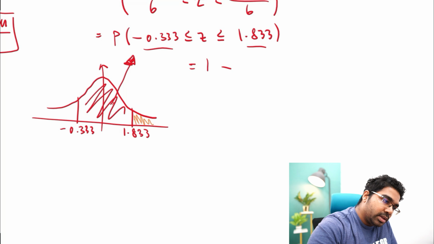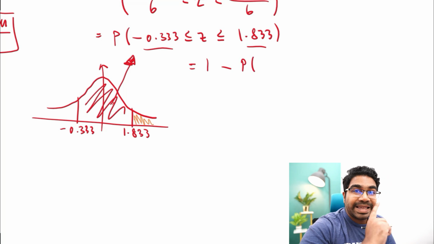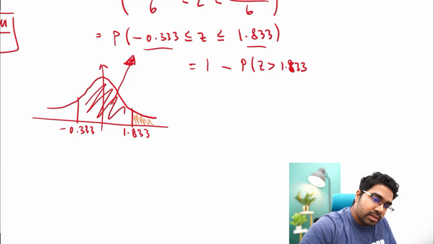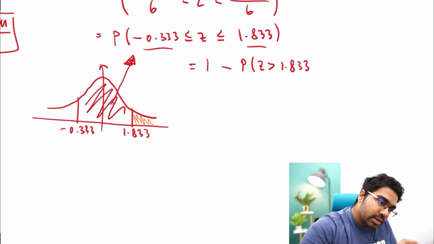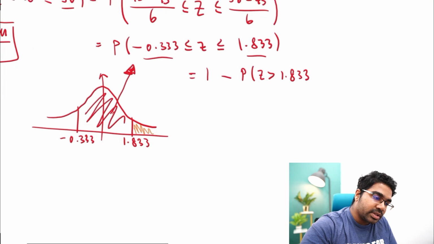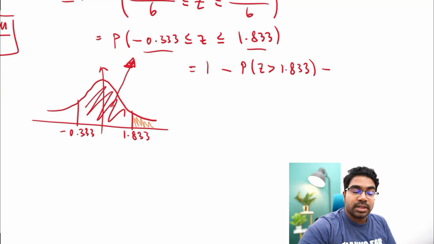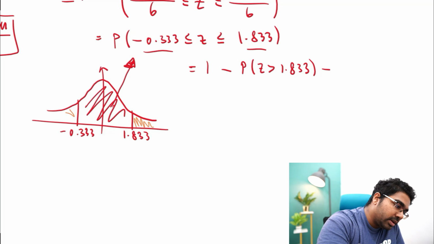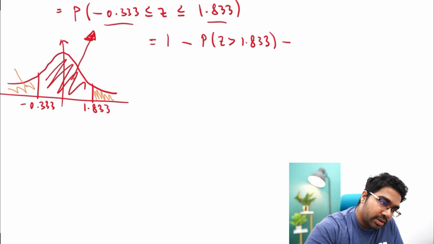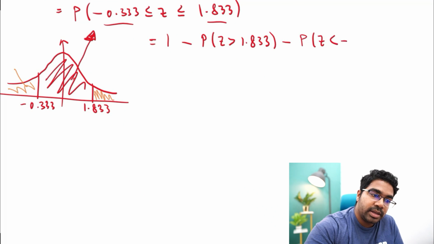This area will be the probability of z more than 1.833. There's no more than or equal to here because we are including the value inside our original probability. So don't put more than or equal to here, just more than. And then minus the other side here. This area is the probability of z less than negative 0.333.